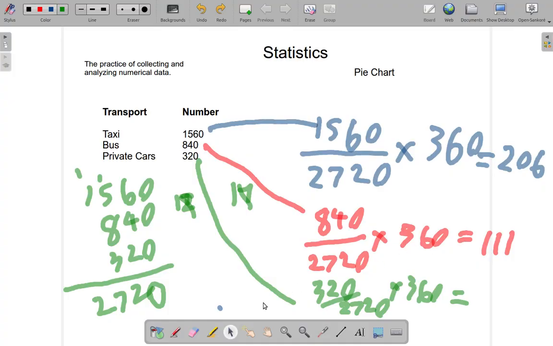So I have 42 degrees here. Does everything add up back to 360?